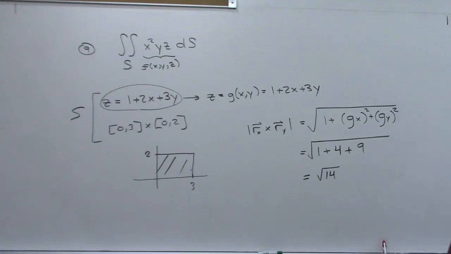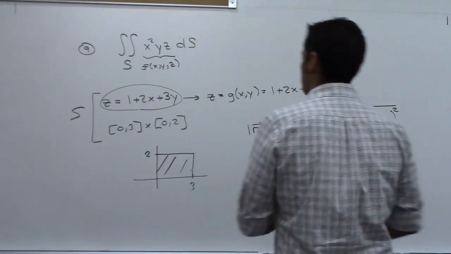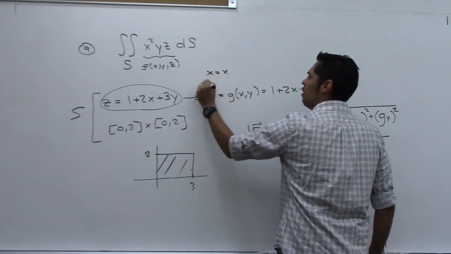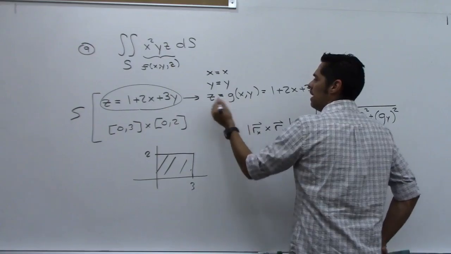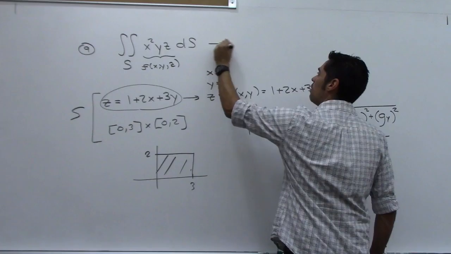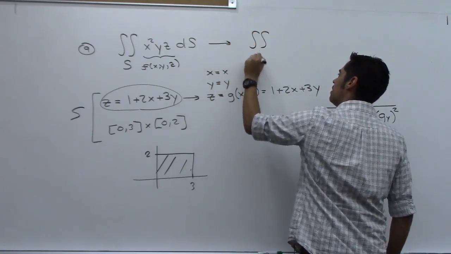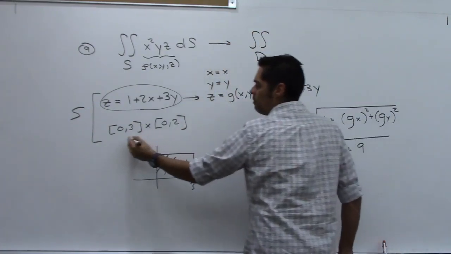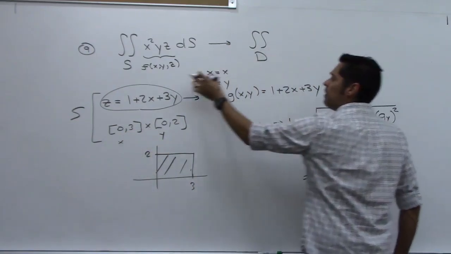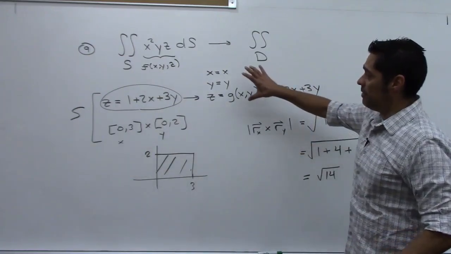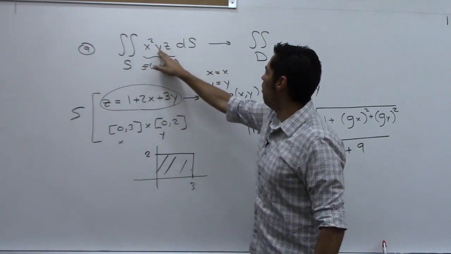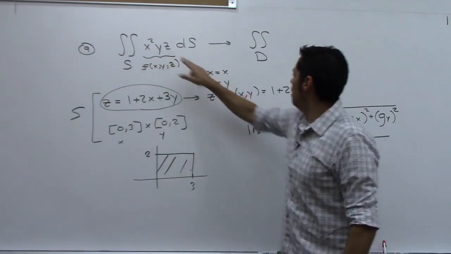So what we need to remember is this is a special case. What's happening here is that x is just x, y is just y, and z is a function of the two. So when I come up here and I'm trying to convert this over, the double integral over D, D is going to be controlled by my restrictions on x and y. The scalar function evaluated on S means I'm just going to replace x with x, y with y, and z with this.